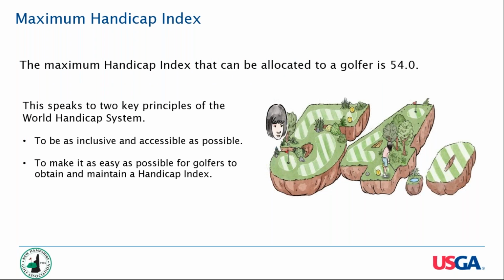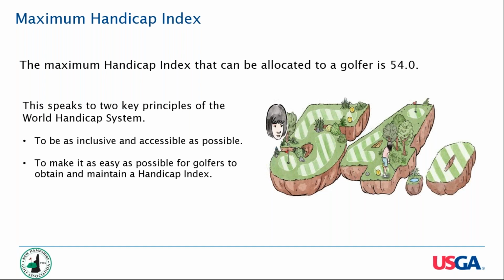Maximum handicap index. It's now 54, and it's 54 for both men and women. Previously, the men's maximum handicap index was 36.4 and women's was 40.4. But now it's 54 across the board, to be as inclusive and accessible as possible, to make it as easy as possible for golfers to obtain and maintain a handicap index.